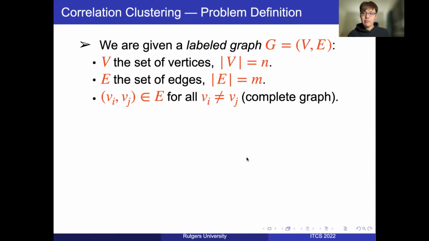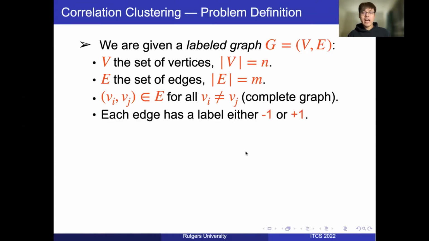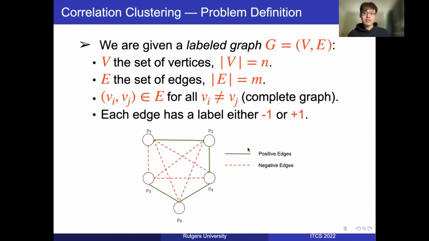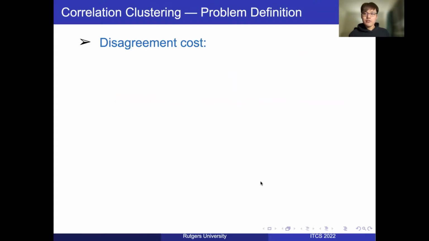So for each vertex pair there's an edge, and each edge is labeled as either -1 or +1. For example, in this graph there are 5 vertices, and it's a complete graph. The edge V1, V2 is a positive edge, and edge V1, V3 is a negative edge, and so on and so forth. In correlation clustering, one of the most well-studied goals is the disagreement cost.